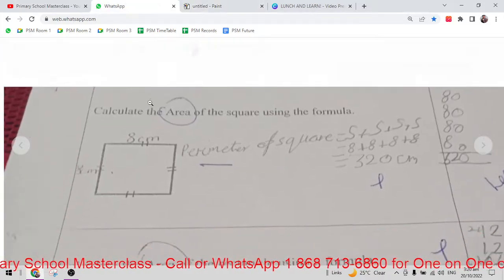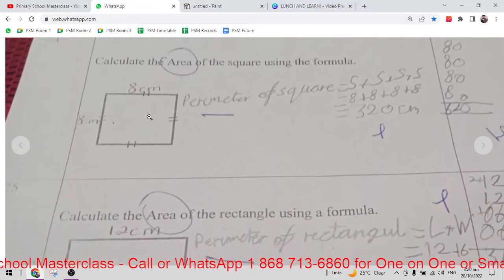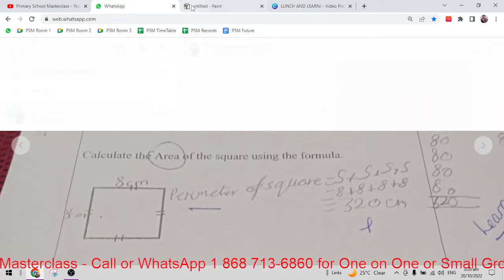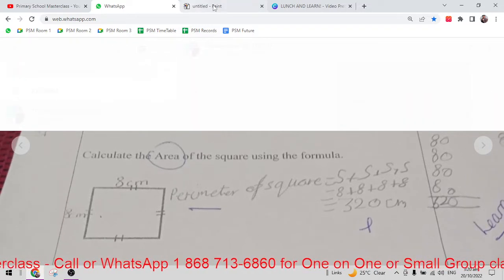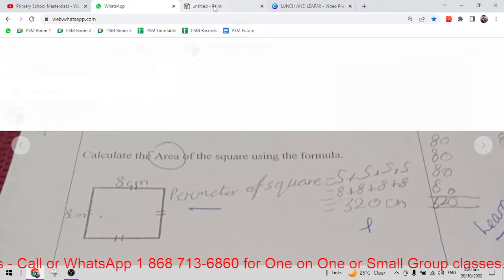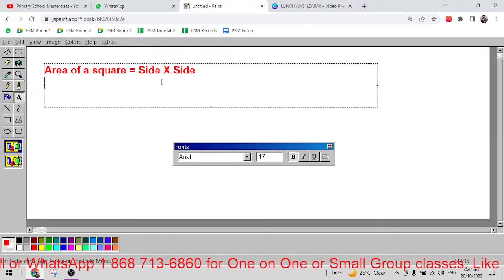If you know the length of one side of the square, you know the length of all. So we have 8 centimeters as the length of one side of the square.